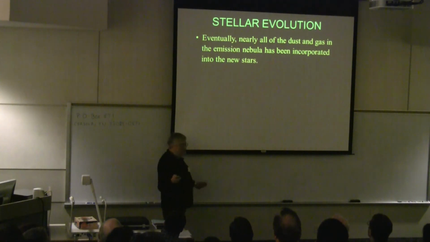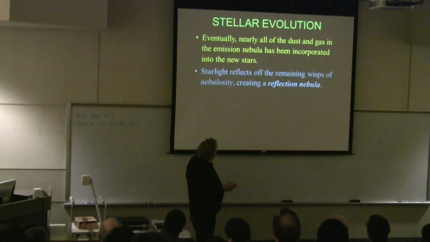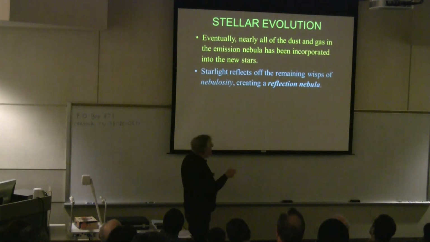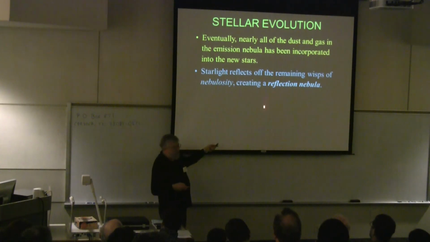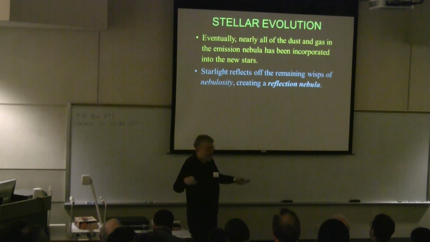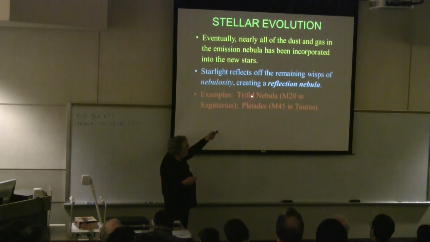Eventually, most of the gas and dust in the nebula gets used up forming the stars. And then the new stars' light shines off of the remaining wisps of nebulosity, and we call that a reflection nebula, where you've got a new star surrounded by little bits of the gas that it formed out of. And more examples, the Trifid again, and the Pleiades.